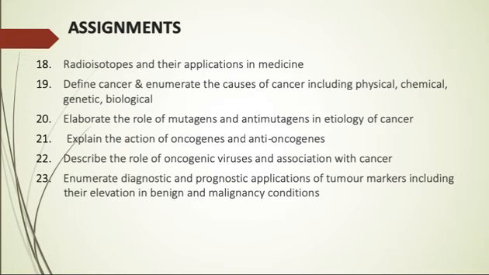Describe the role of oncogenic viruses and their association with cancer. Enumerate diagnostic and prognostic applications of tumor markers, including their elevation in benign and malignant conditions. Okay, so this is another set of assignments along with molecular biology, cancer and radioisotopes.